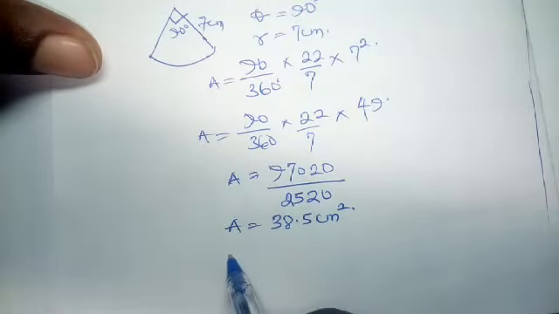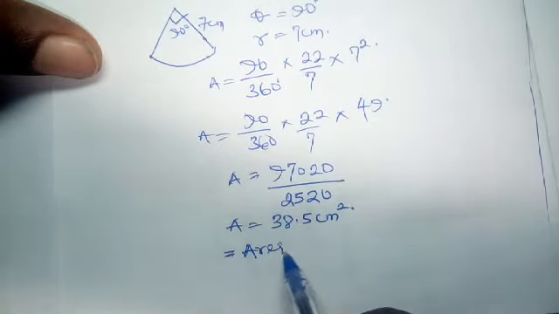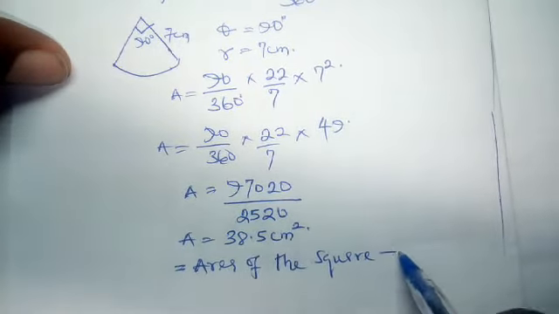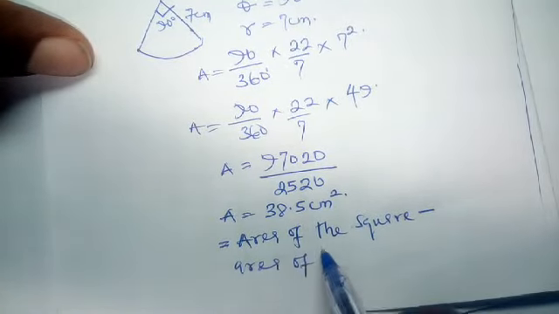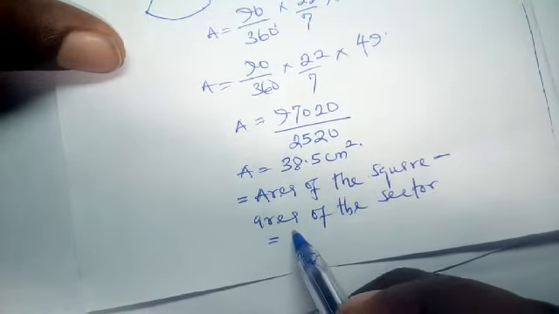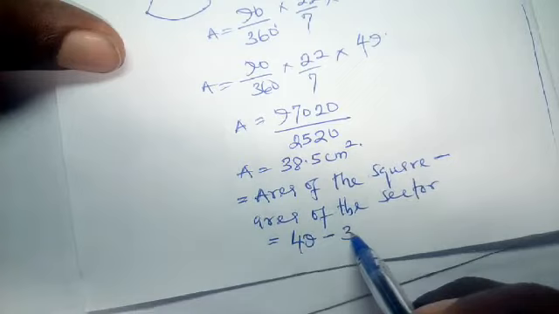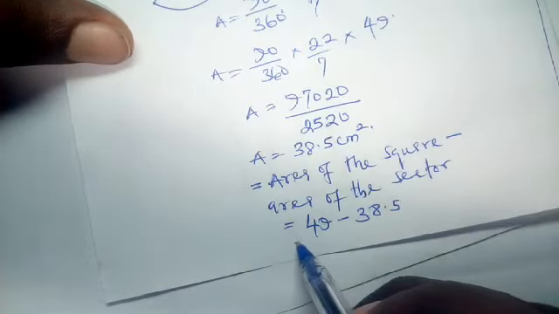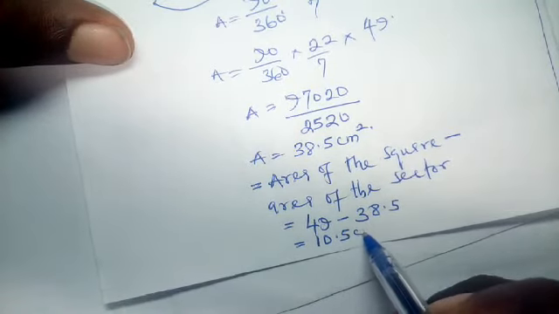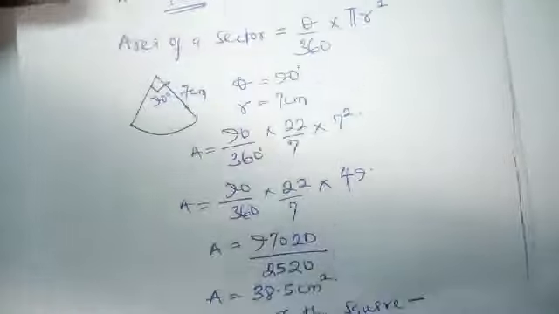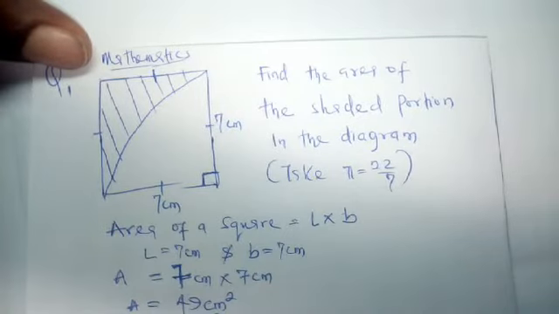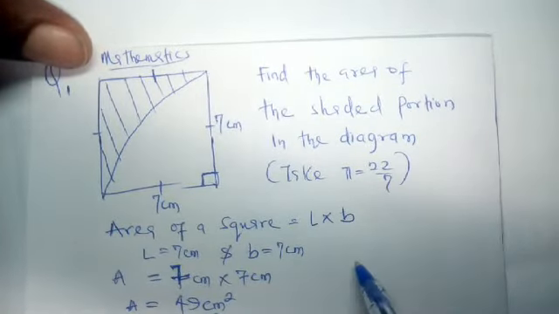In doing so, we will be saying area of the square minus area of the sector, which will give us 49 minus 38.5, and the resulting answer would give us 10.5 centimeters square. All right, so the area of the shaded portion here becomes 10.5 centimeters square.